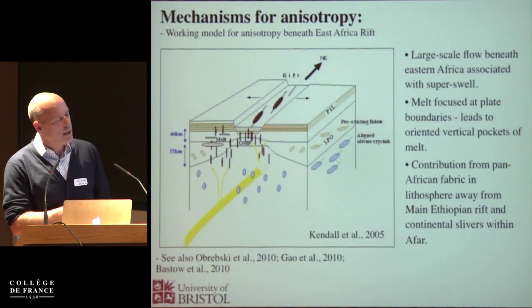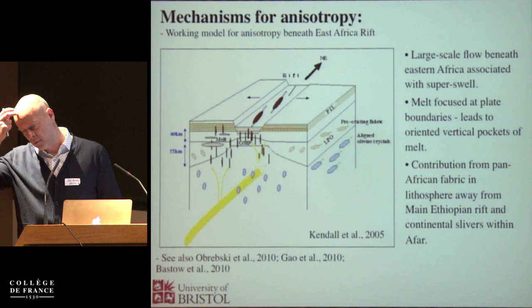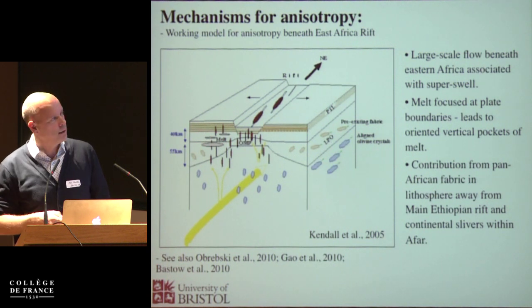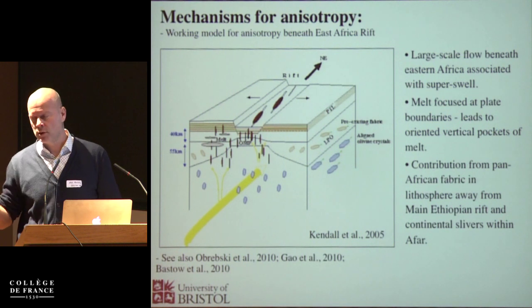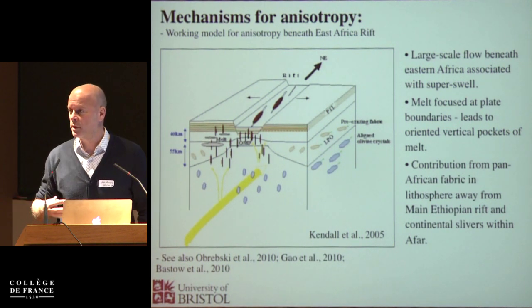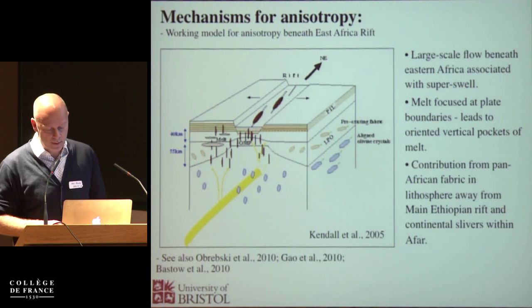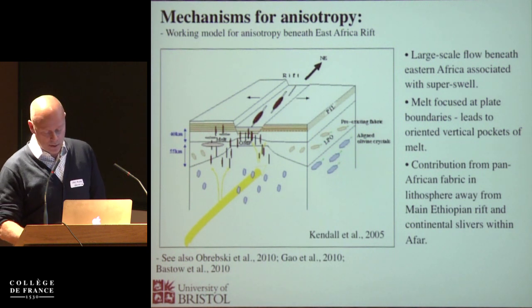Off to the sides, we'll have a preserved fossil fabric associated with the Pan-African lithosphere. And then as you move into Afar, it's expected that we'd have preserved fabrics in continental slivers and microcontinents, for example, like the Danakil microcontinent.